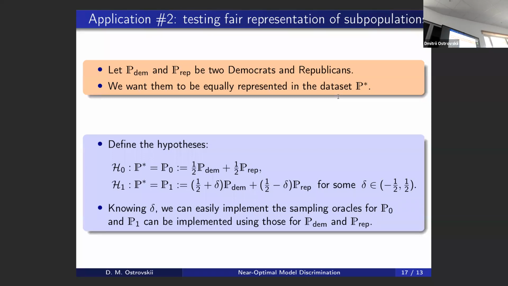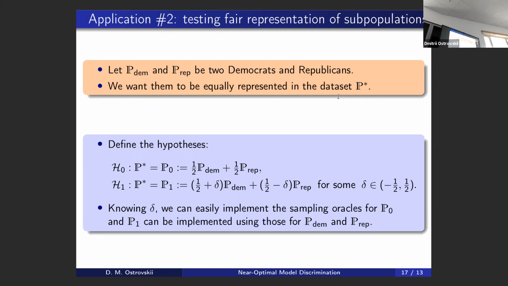So my data set should have half Democrats and half Republicans. Or, I don't know, men and women, for example. Or not half by half, but some given proportion against the other, whatever. So I will define H0 to be the 1/2 mixture of Democrats and Republicans, and H1 to be some shifted mixture.